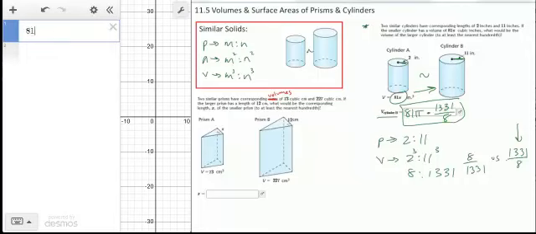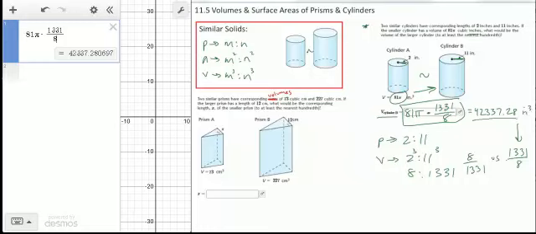If you were calculating the actual decimal equivalent here, 1331 over 8 multiplied by that, you would get your answer, which is 42,337.28. Here the units are inches, volume is a cubic measurement, and so those would be your two possible answers. Again, I would recommend just put the calculation in.